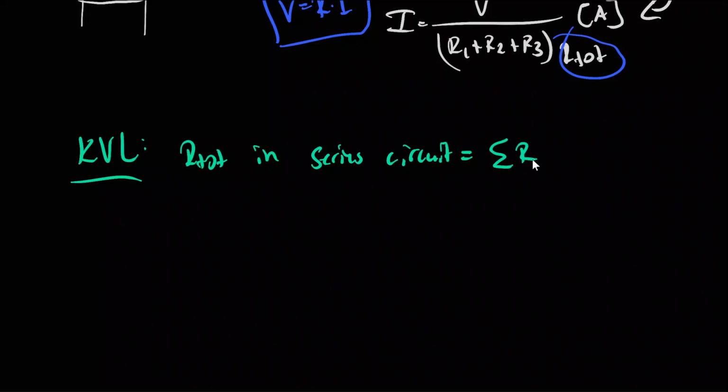This is the sum symbol, meaning the summation of the elements. I just call it i, so i is the increment. So R1, R2, R3 up to whatever we have. So R total in a series circuit is equal to the sum of all resistances.